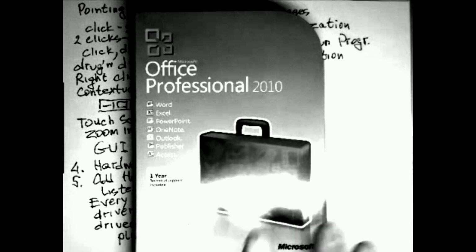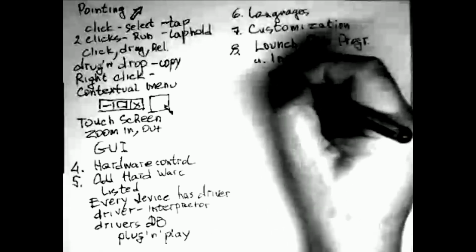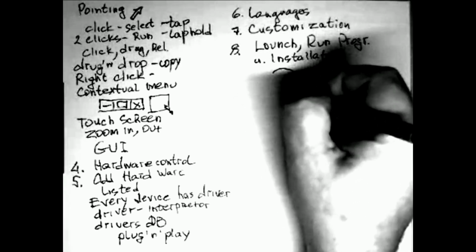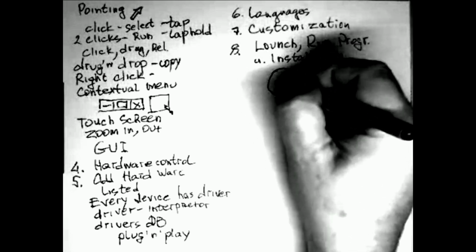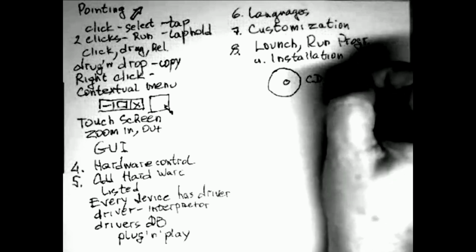And when you open this box, you will see the carrier of information that could be run. It could be on a flash drive, but usually it comes on a CD. What is CD-ROM, folks? CD is compact disc.